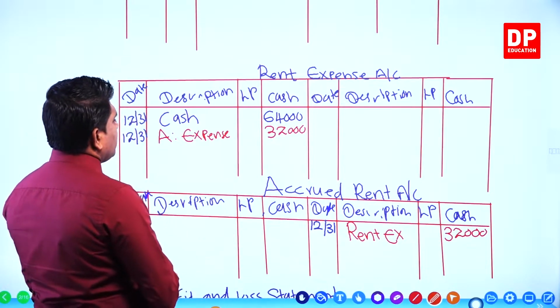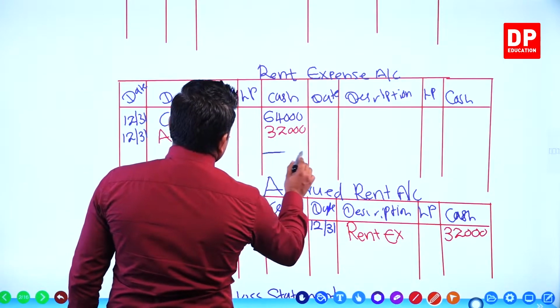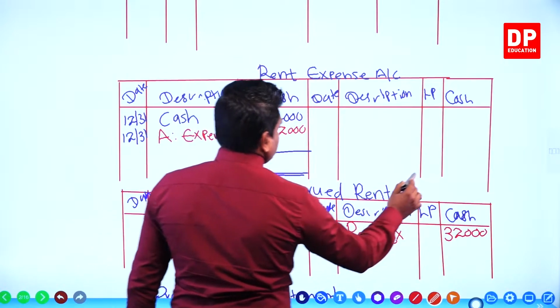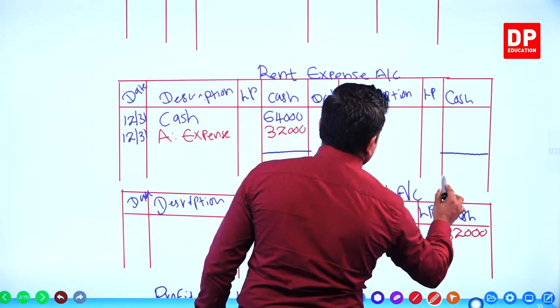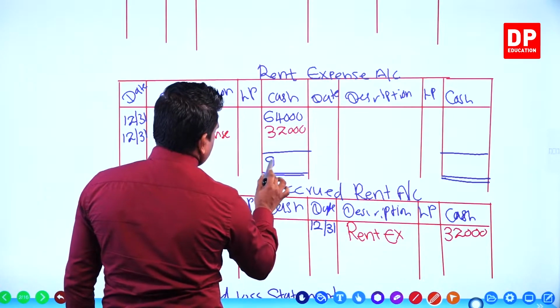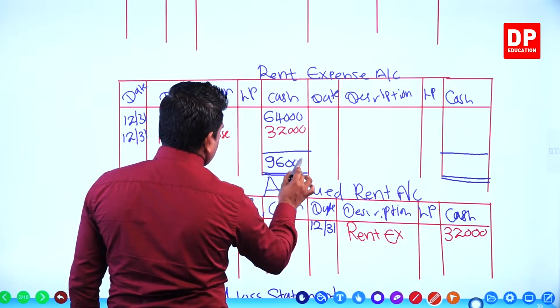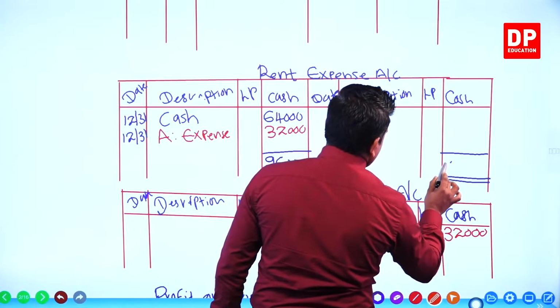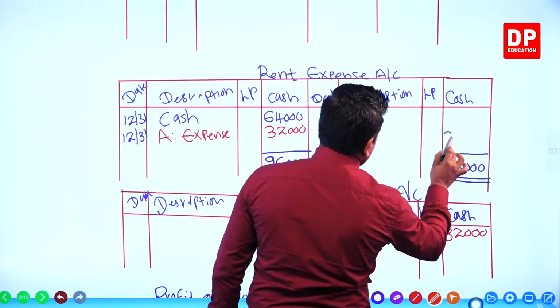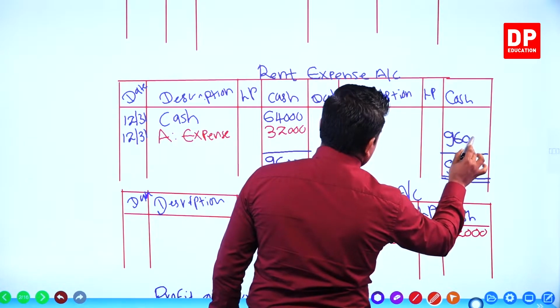Now you can get the total of this. 96,000, 96,000, the difference also 96,000.